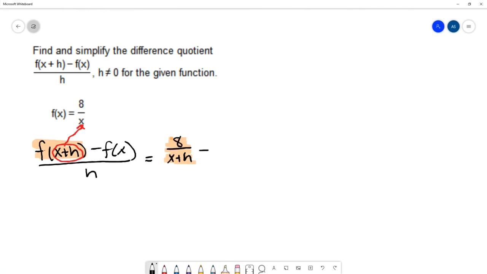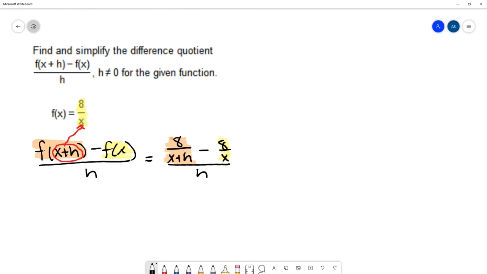So then we're going to subtract f of x, and f of x was given to us, so we don't need to calculate it, we're just going to use it. We're going to subtract 8 over x, and that's this part right here of the difference quotient. And then we're going to divide by h.